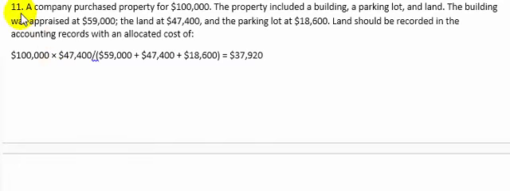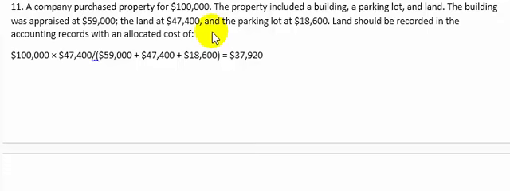Question number 11. A company purchased property for $100,000. The property included a building, a parking lot, and land. The building was appraised at $59,000. The land was appraised at $47,400, and the parking lot was appraised at $18,600. The land should be recorded in the accounting records with the allocated cost of what?